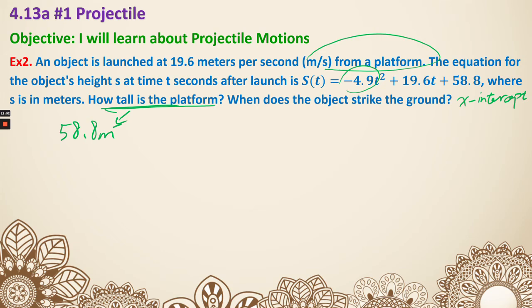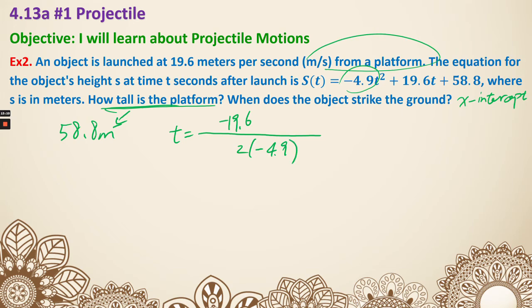So let's have a look. The x-intercept in this case, we're actually using t. So t equals negative b, which is negative 19.6, and the bottom is 2 times negative 4.9. That's the 2a part.